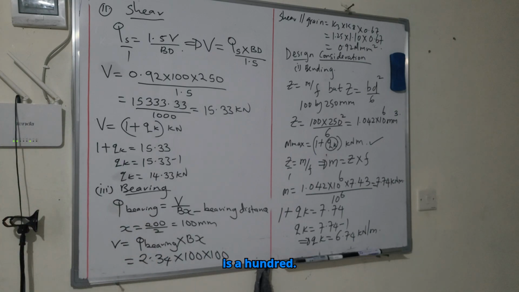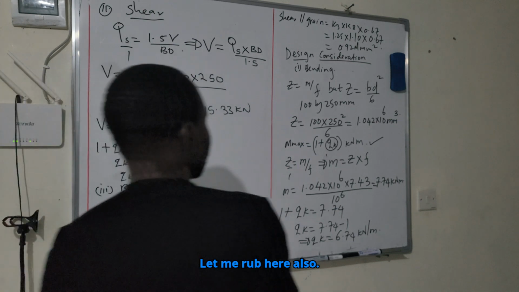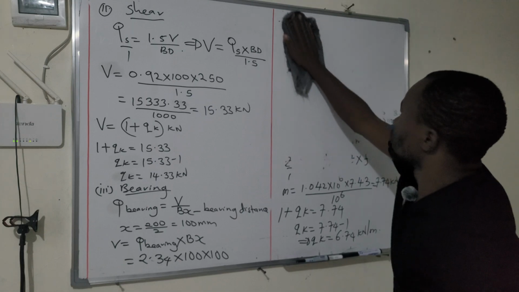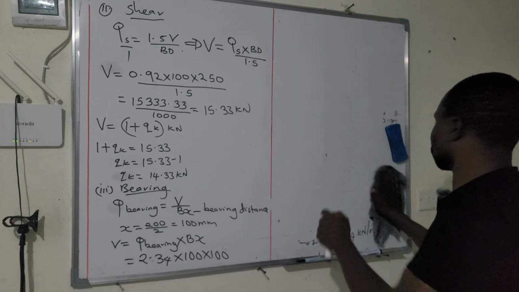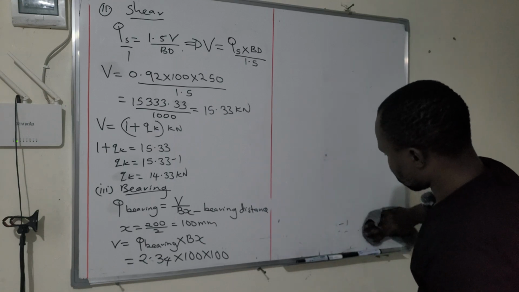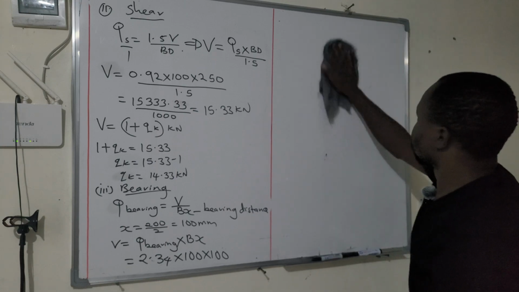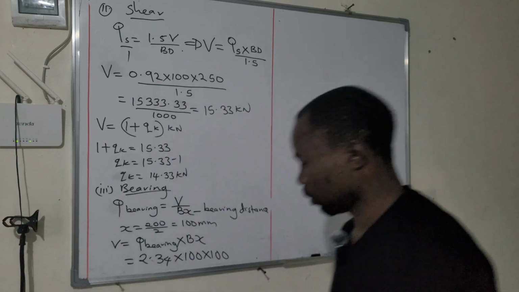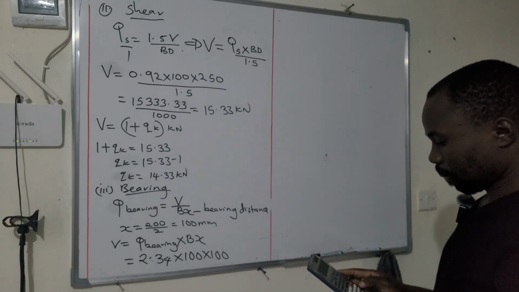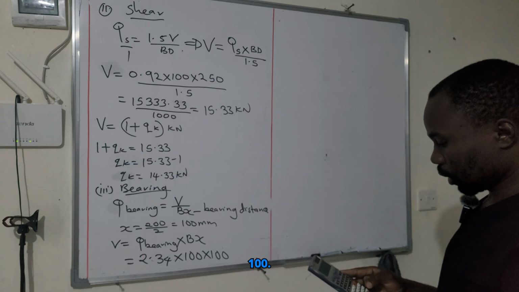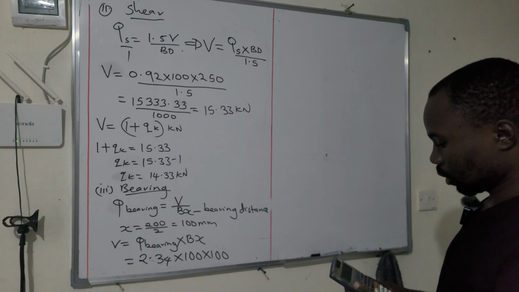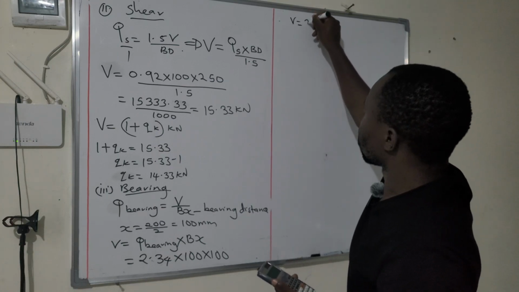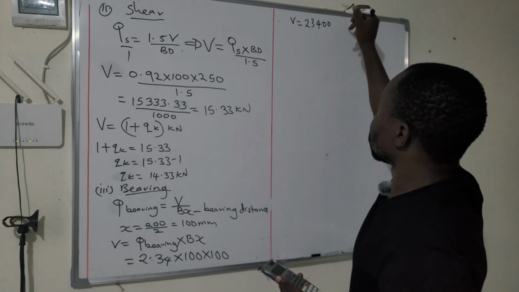So our B is 100. Then you can punch your calculator. 2.34 times 100 times 100. So that is V is equal to 234.